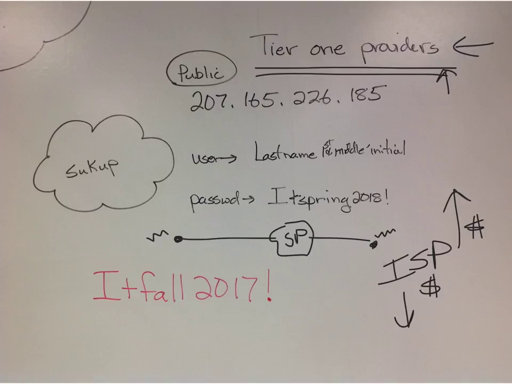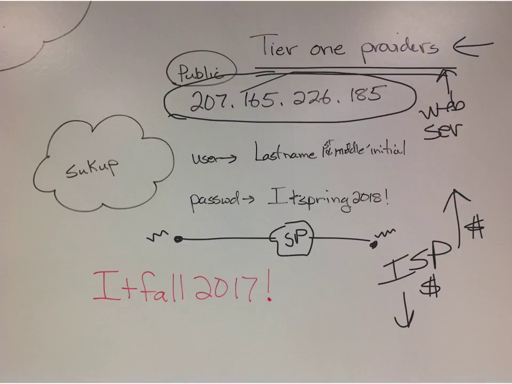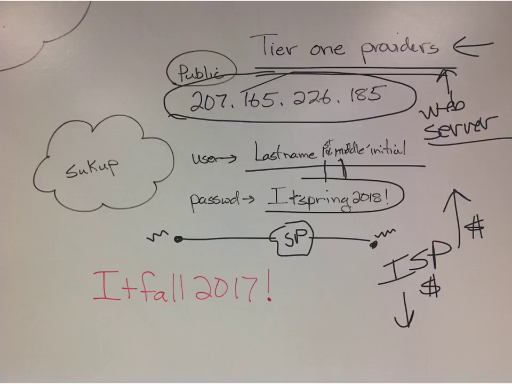Okay, so then we looked at a public IP that accesses the web server that's actually in the room. Web server's in the room. Last name, first initial, middle initial, and then IT Spring 2018.